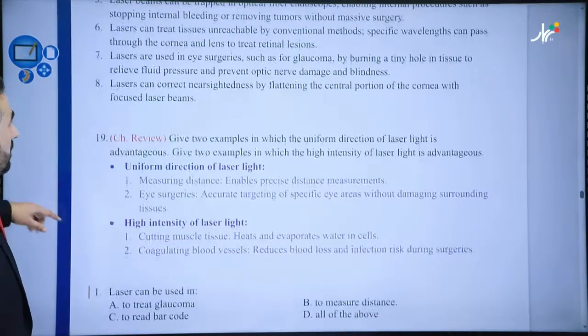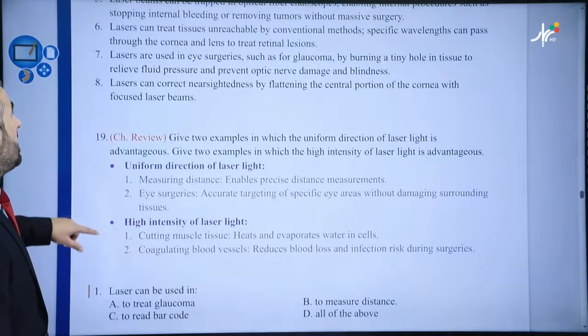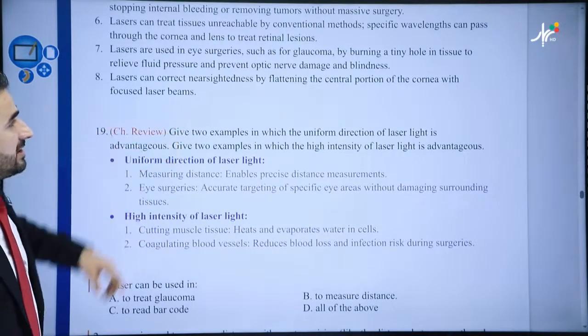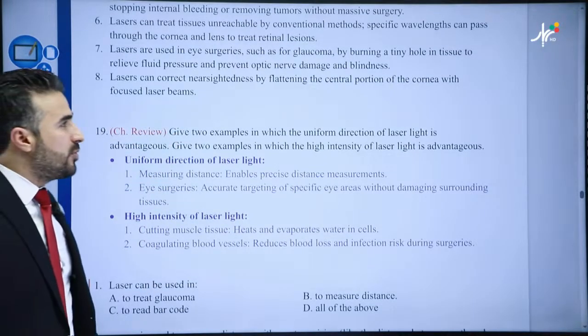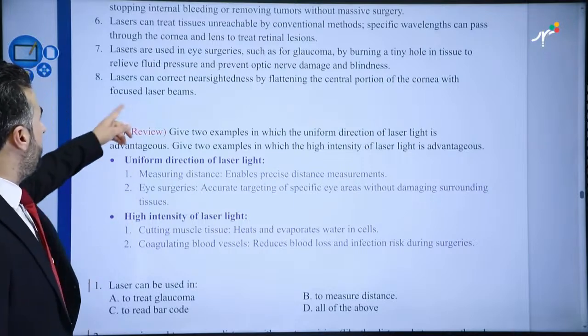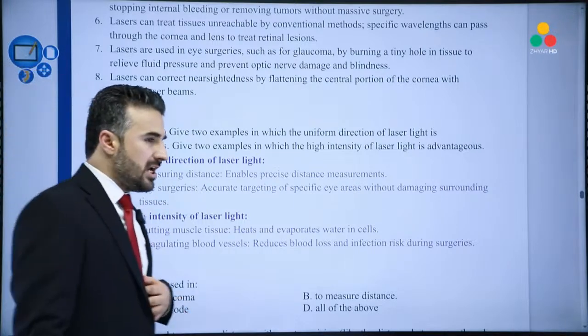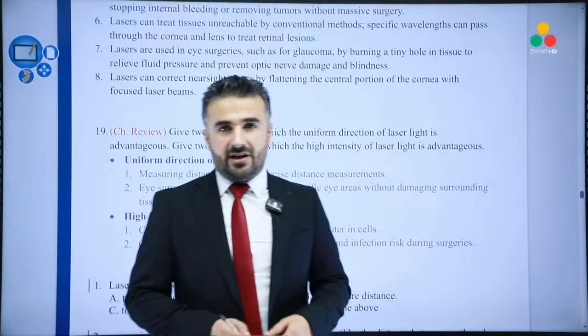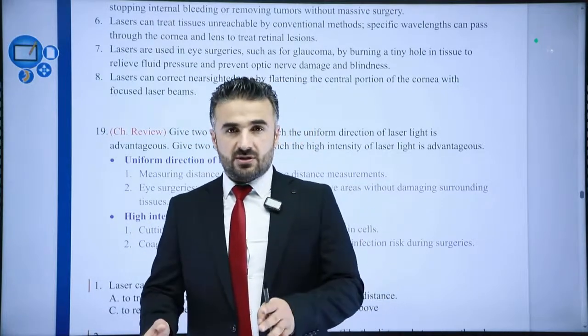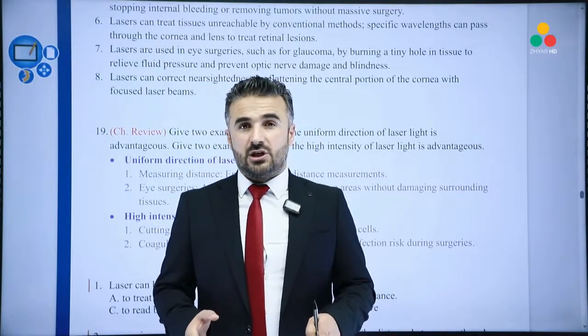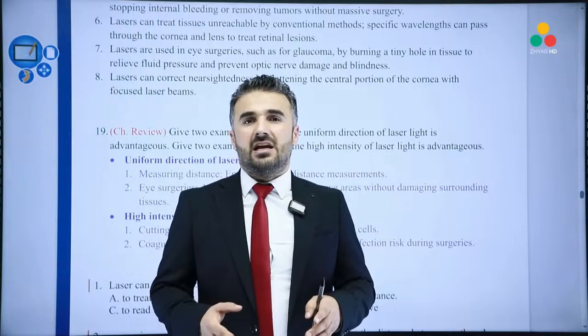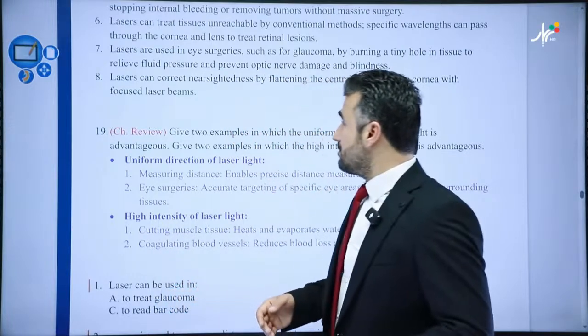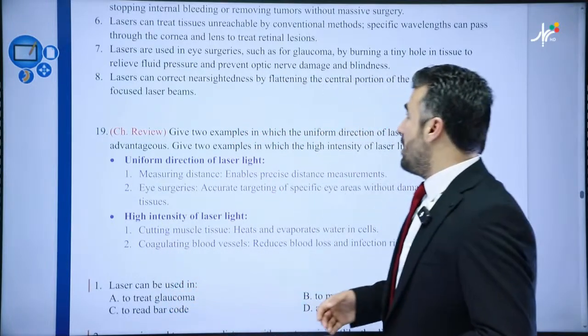Then another, the last use for now, is that lasers can correct nearsightedness by flattening the central portion of the cornea with a focused laser beam as well. We've mentioned LASIK surgery. Lasers are commonly used to treat nearsightedness. And how do they do that?